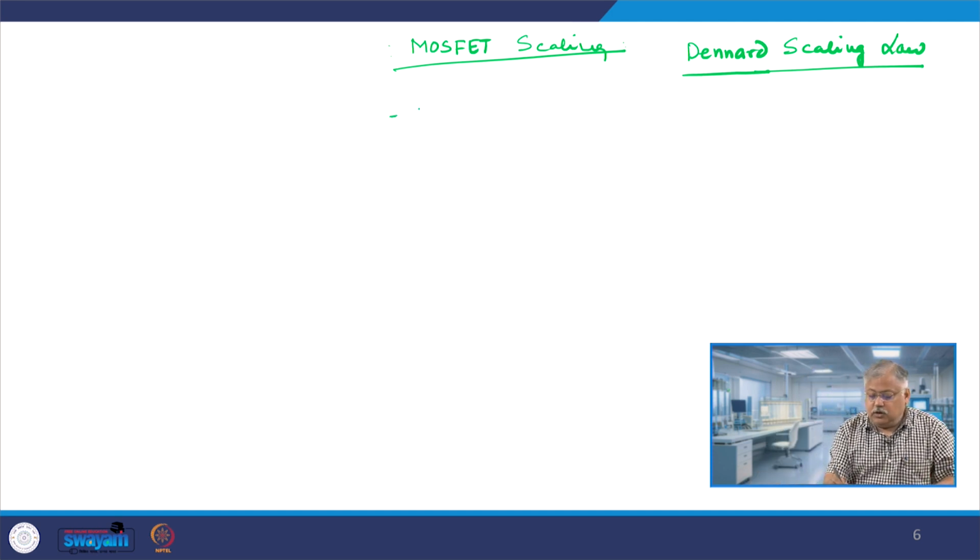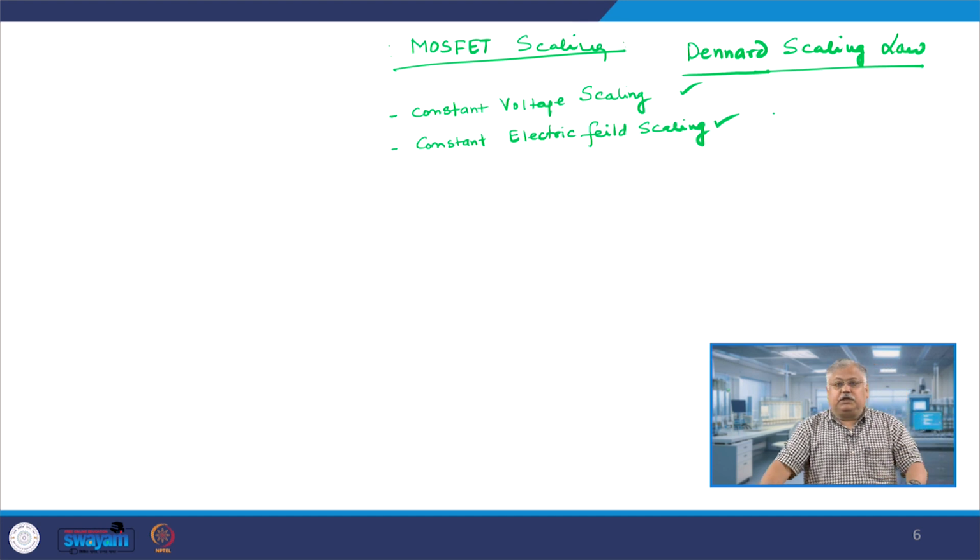One is known as constant voltage scaling, and we have constant electric field scaling.